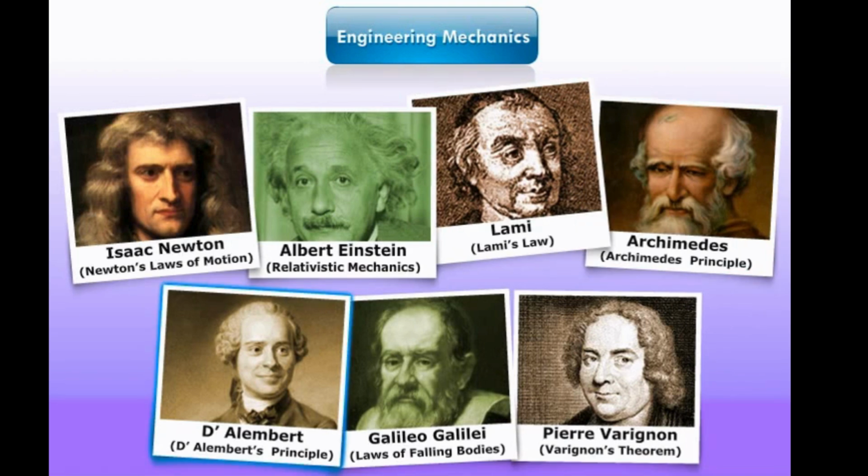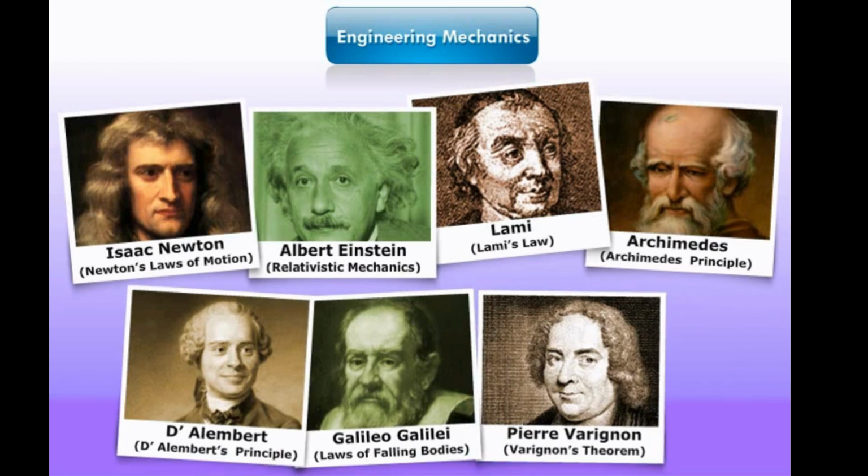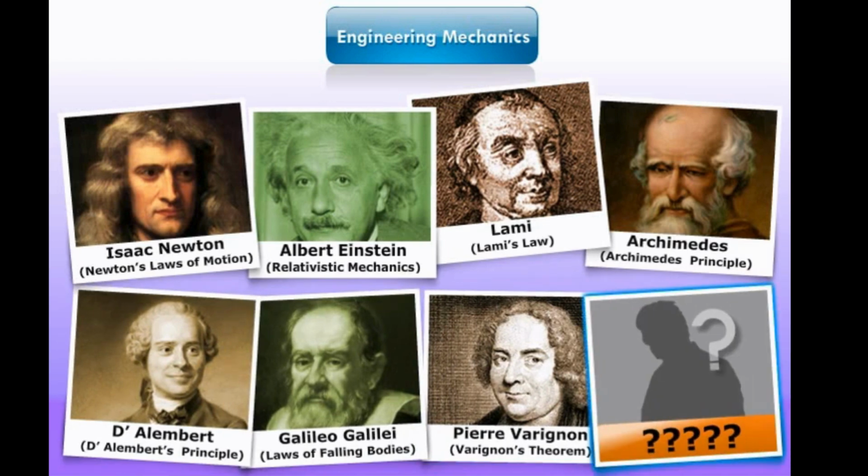D'Alembert gave us the D'Alembert's principle. Galileo Galilei gave us the laws of falling bodies. Pierre Varignon gave us the Varignon's theorem. We never know, someday maybe the boy sitting next to us will also contribute to this growing science.